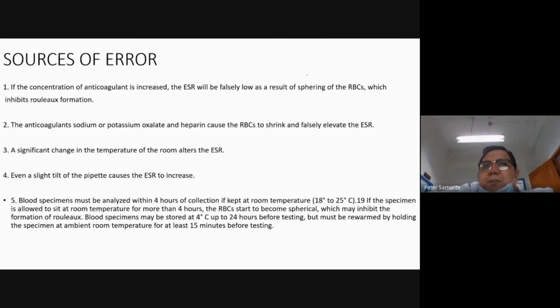So when you say crenation, this would be your shrinking. Lumiliit sila. They would now become parang spherocytes, which would inhibit rouleaux formation. So di ba nga, the first stage is your agglomeration, which is the formation of rouleaux. Nagpo-form ng rouleaux.